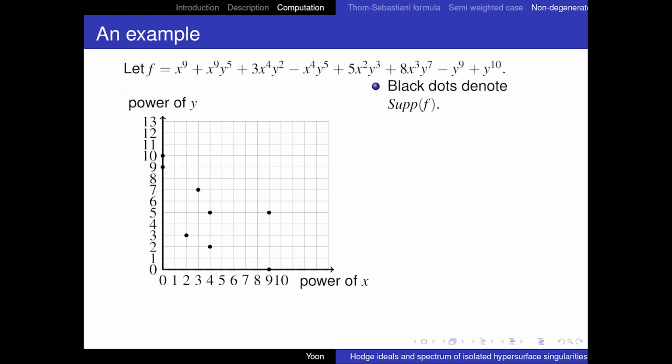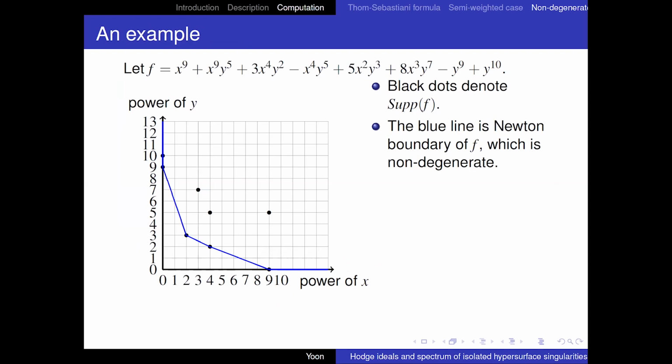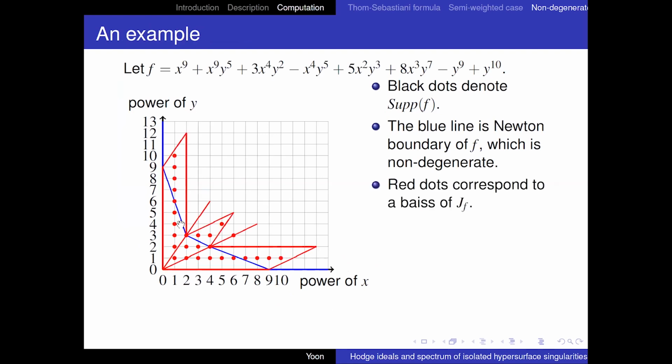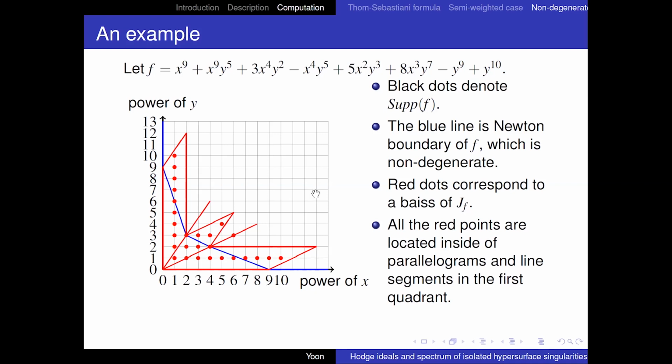Here's the two-dimensional case. We have a polynomial here, and by the support and boundary, the red dots correspond to the basis of the Jacobian ring, which is shifted. If you observe this, the red dots are exactly inside each parallelogram or this line segment.